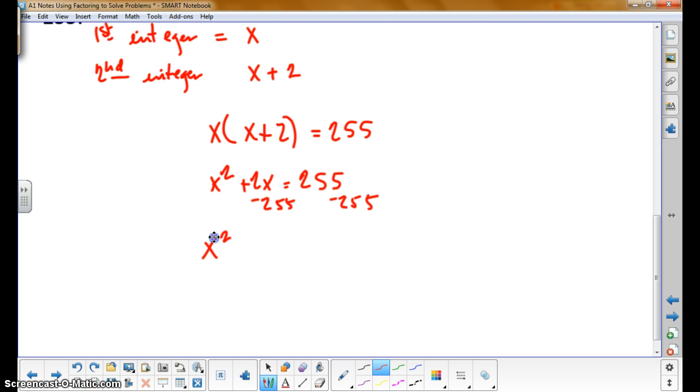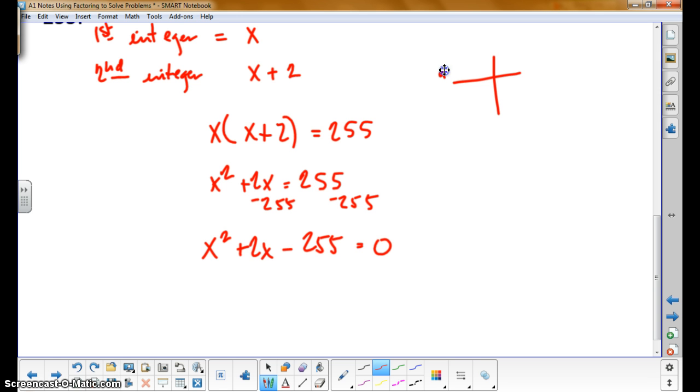So we have x squared plus 2x minus 255 is equal to 0. And now we need the two factors. This is an x squared, and we know we're going to have two different possibilities. But we need to find those two factors.